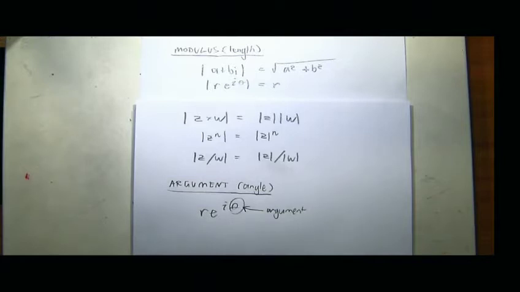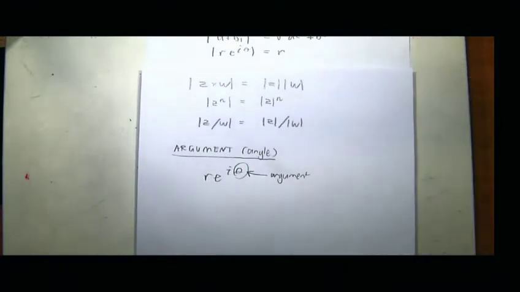Right. Now, the problem is that with the argument, there is not one single angle that produces that same complex number, because you could go around any number of times and end up in the same spot. So every complex number has infinitely many possible arguments that are all 2 pi apart.